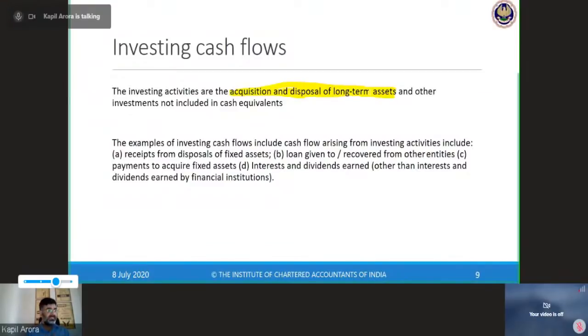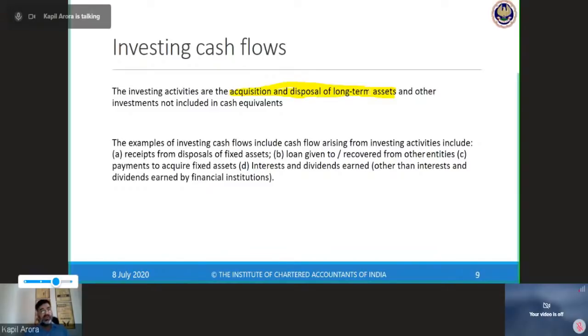When you talk about royalty, it is related to my operations only, because I get royalty for the intellectual property or the technology I have given. That is my business. When that is my business, it means I am getting money for doing my business. That will be cash from operations.